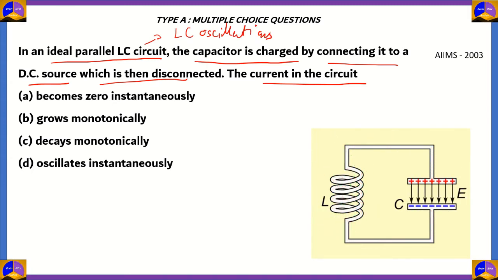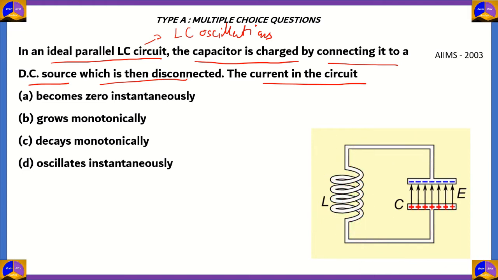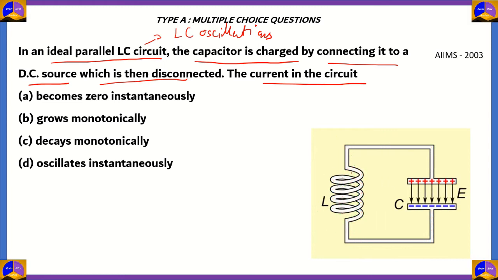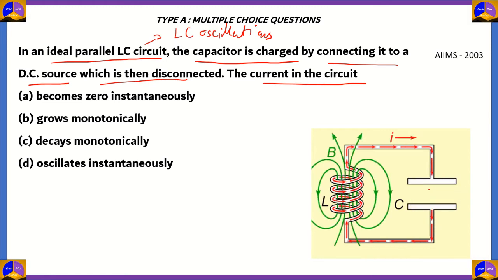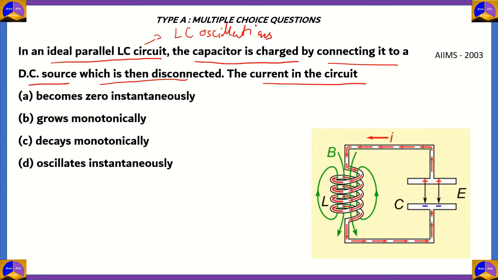As you can see, the charge gets decreased while the field in the inductor gets increased, and once the inductor's field becomes maximum, the capacitor's charge is 0, and then the inductor's field will start decreasing, which results in an increase in the charge that is present inside the capacitor.